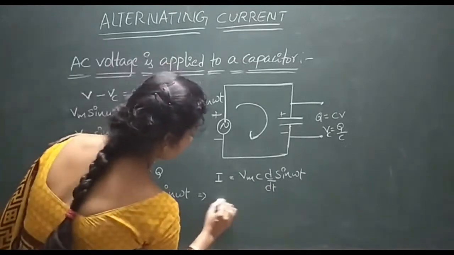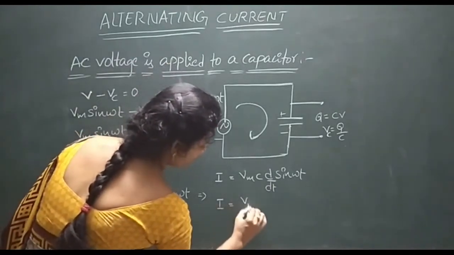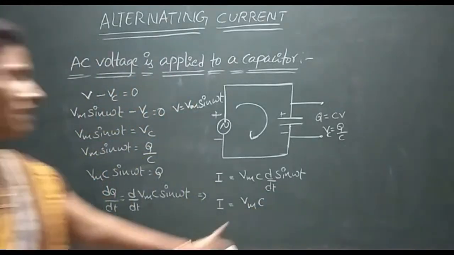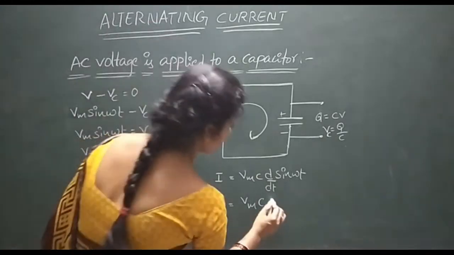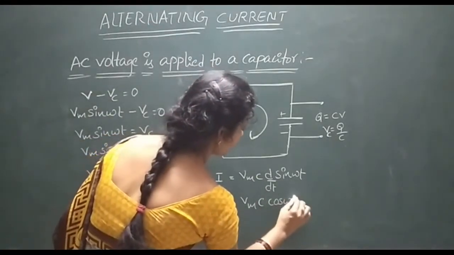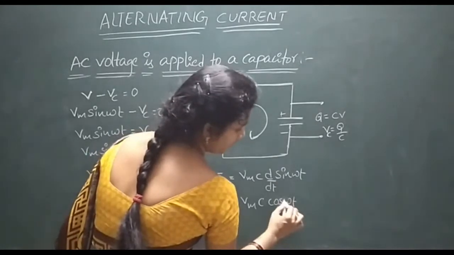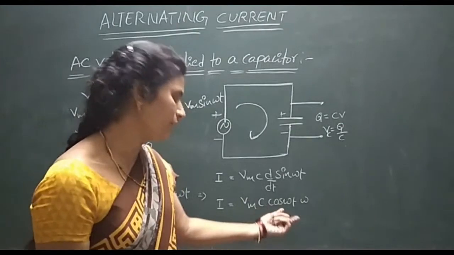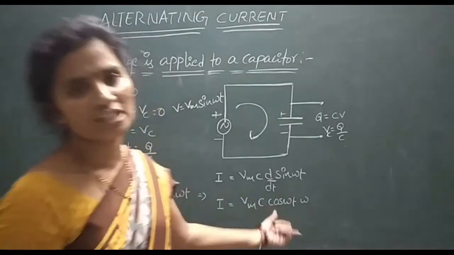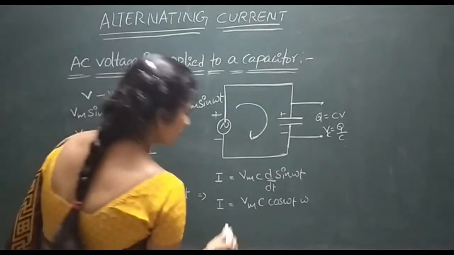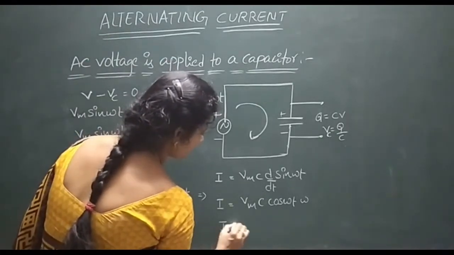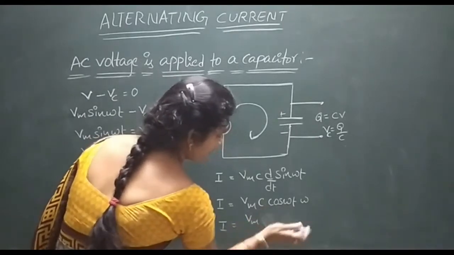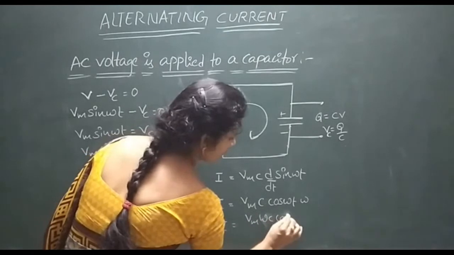What is the differentiation of sin omega t? It is cos omega t into omega. In case of integration omega comes in the denominator; in case of differentiation it is multiplied. So I is equal to Vm omega C cos omega t.